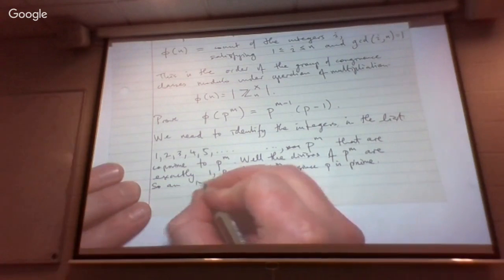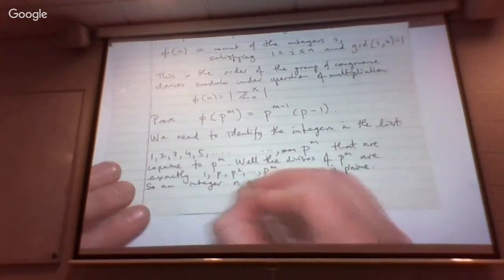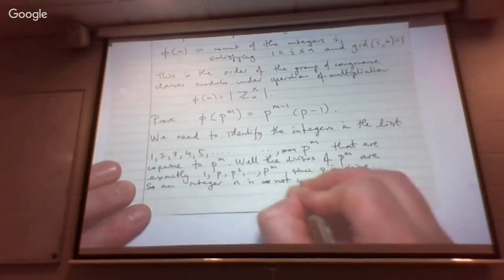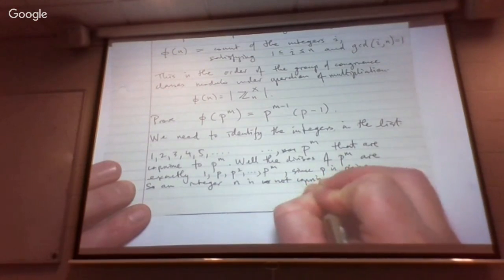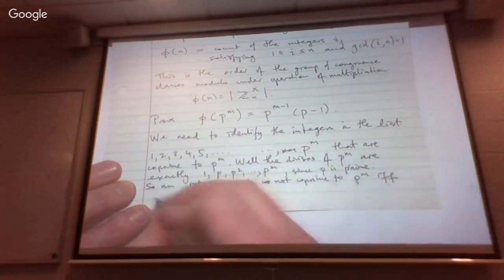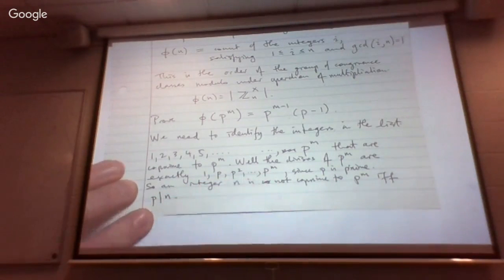So an integer n is not co-prime to p to the m if and only if p divides n.